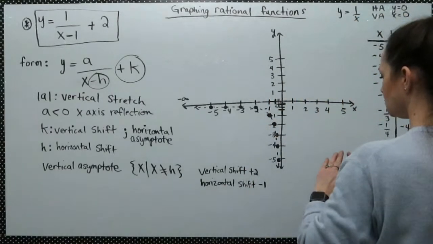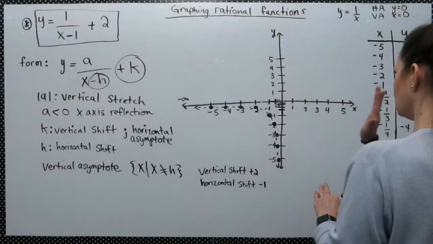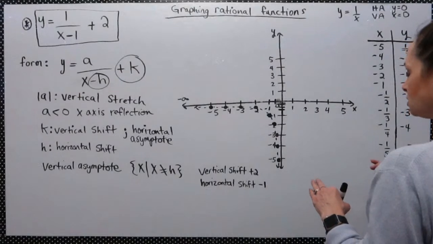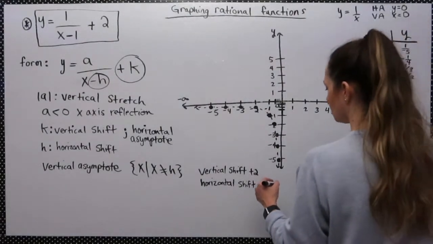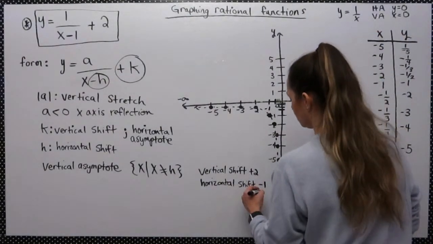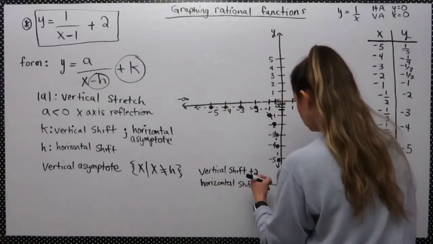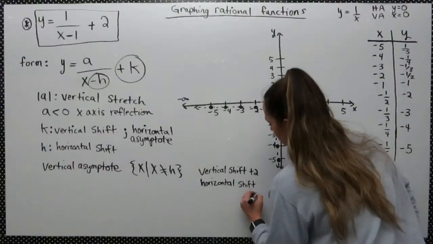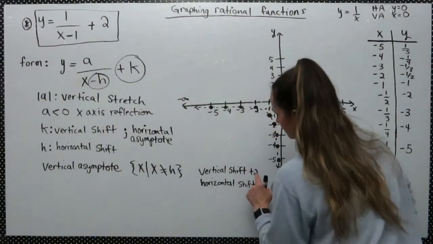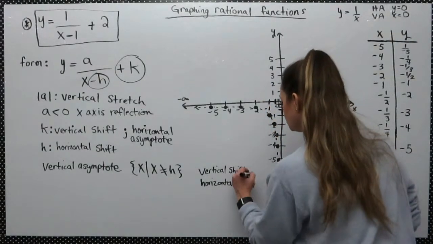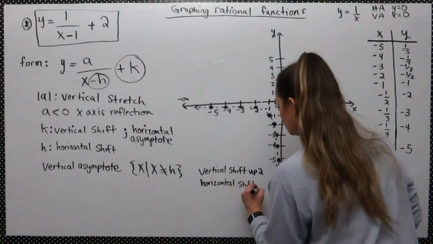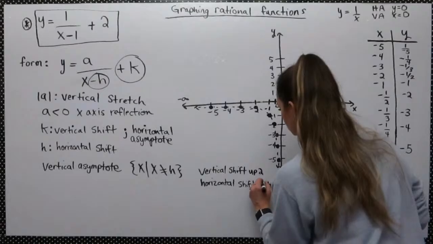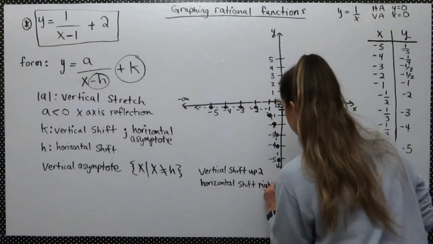What's happening is if it's negative, you're going in the positive direction because you have to actually solve for 0. So you're shifting to the right 1 unit. So we'll say up 2 and right +1.